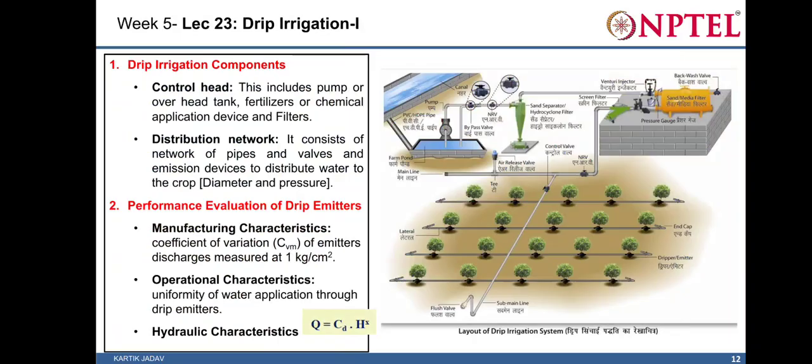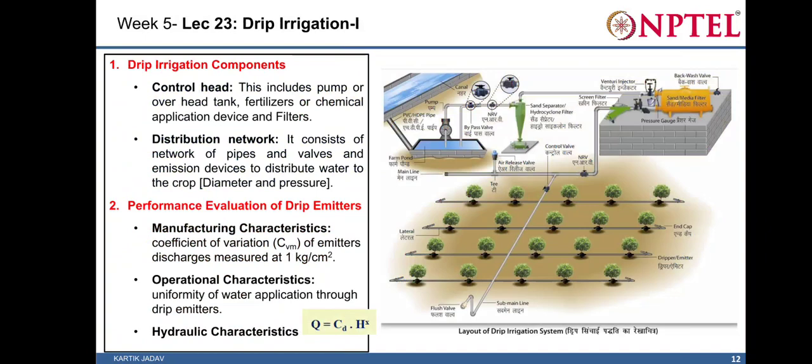Then we come to the performance evaluation of the drip irrigation system. In that, there are three main characteristics that we need to focus on. First is manufacturing characteristics, second is operational characteristics, and third is hydraulic characteristics. Manufacturing characteristics basically compute the coefficient of variation of emitter discharge measured at 1 kg per centimeter square.